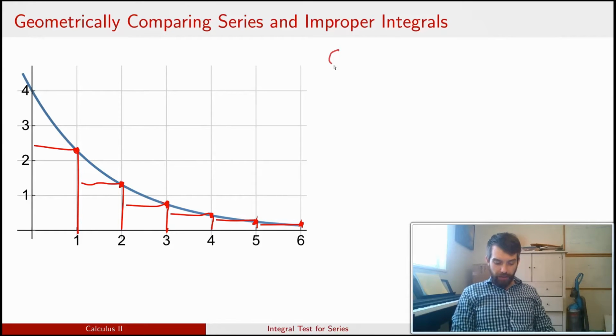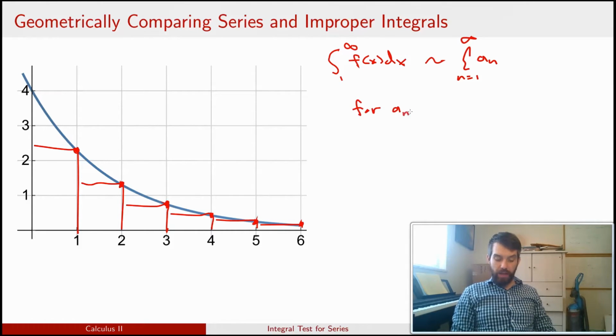So in other words, the integral from 1 to infinity of f of x dx is kind of like the series from n equals 1 to infinity of a_n, for the specific case of a_n just being equal to the function f evaluated at the point n. So we're able to relate the underlying sequence a_n to the function, and then we're able to relate the series, the sum of all of the a_n's, to this particular improper integral.